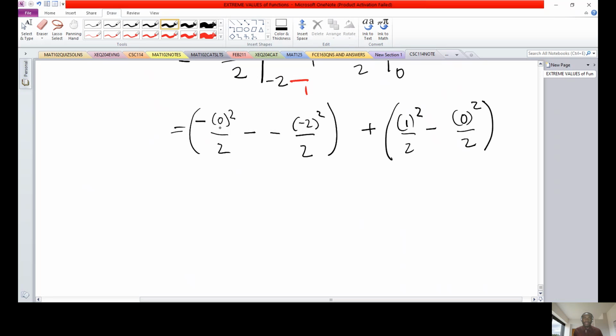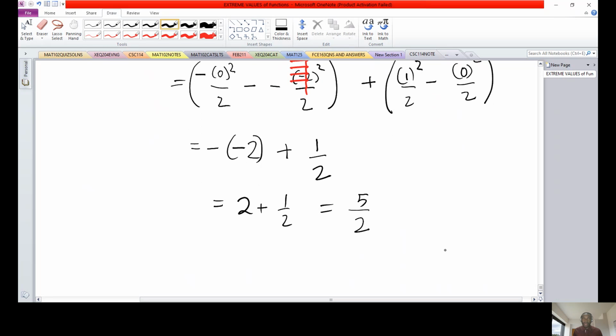The first one would be 0, and then minus that gives us 2, and then plus this one, we get a half. So we have 2 plus a half, which gives us 5 over 2.